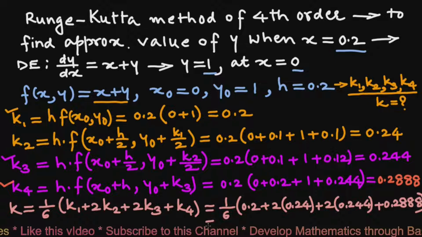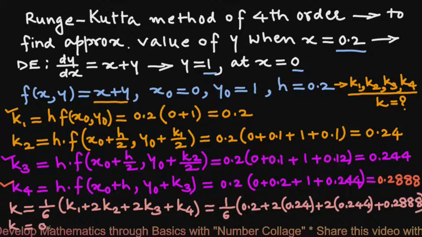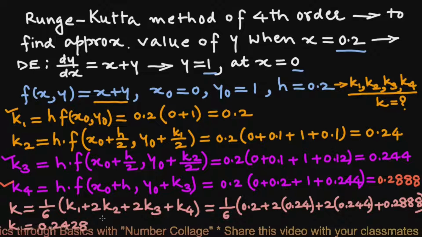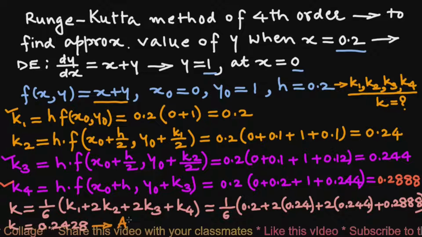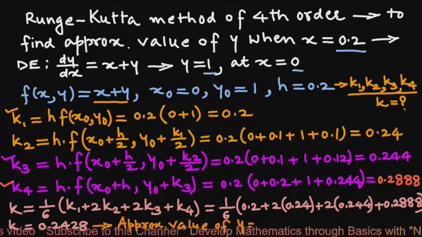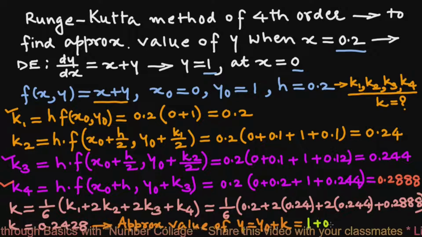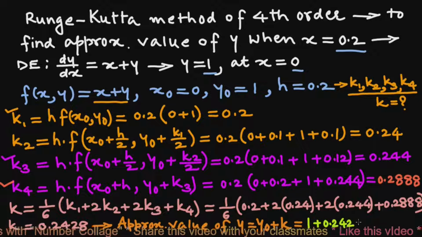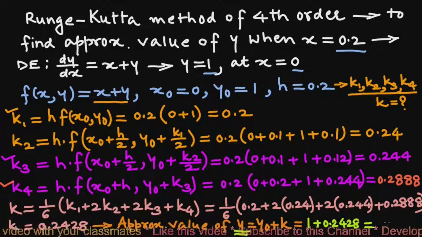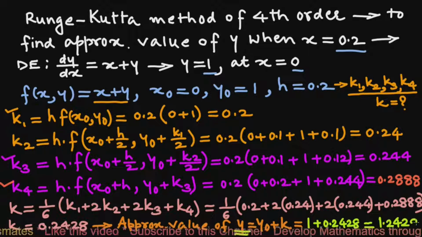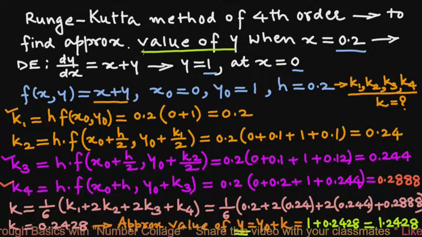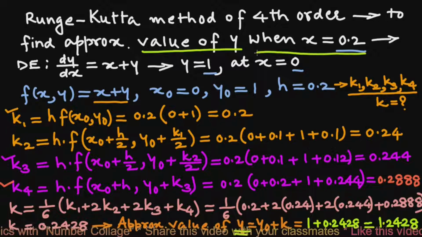That gives us k equals 0.2428. Now we can write the approximate value of y, which is y0 plus k, that is 1 plus 0.2428, that will be y equals 1.2428, which is closest to the true value of y when x equals 0.2.